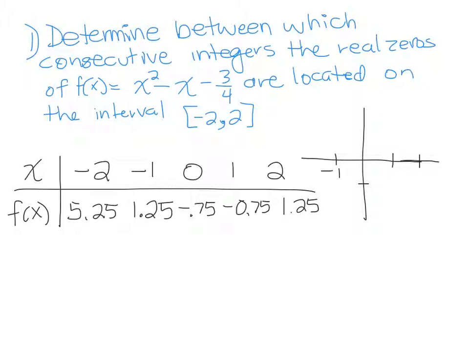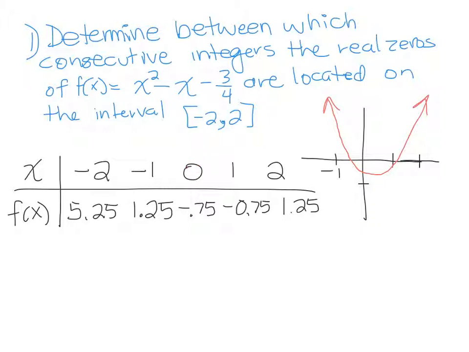So this graph supports our table that says that f of -1 is a positive value.